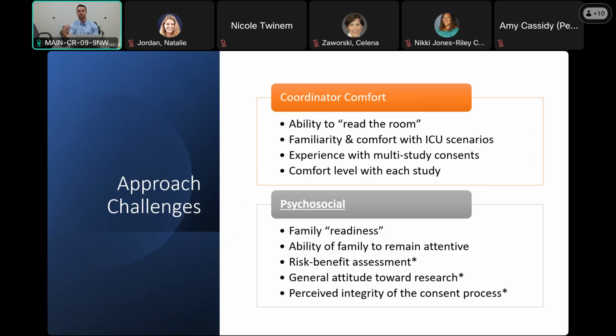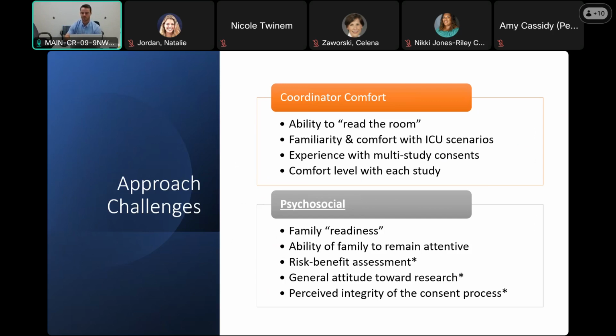They might be sleep deprived, or maybe they're staying in the room with their son or daughter, and so they're waking up every single time the nurse is going into the room, and they're getting inconsistent sleep. Or maybe they're just overwhelmed by the whole scenario. You need to be able to read these cues and gauge their attentiveness when you're having these discussions with them, because it might not be the best time.